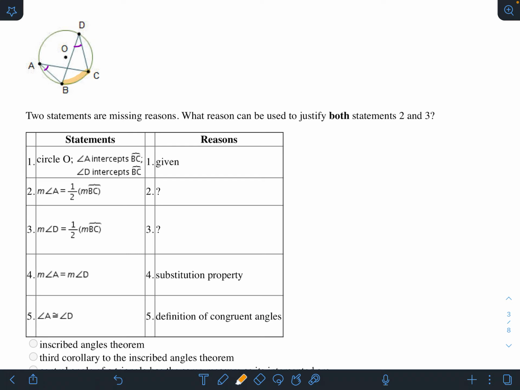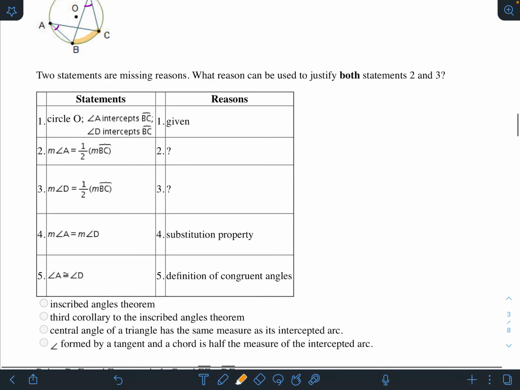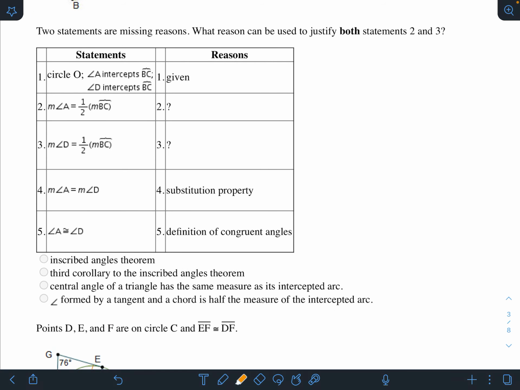This next statement says the measure of angle A is equal to 1/2 the measure of arc BC. And I know that's true because angle A is an inscribed angle to arc BC. Same reason for step number 3. Angle D is an inscribed angle, and that's 1/2 the measure. So, to justify both of these, we can use the inscribed angles theorem.